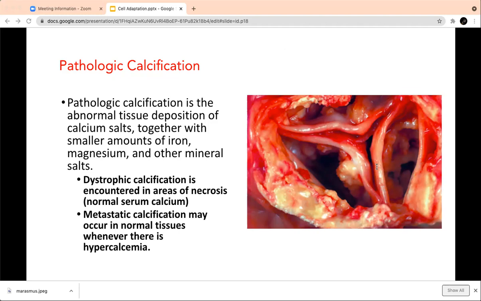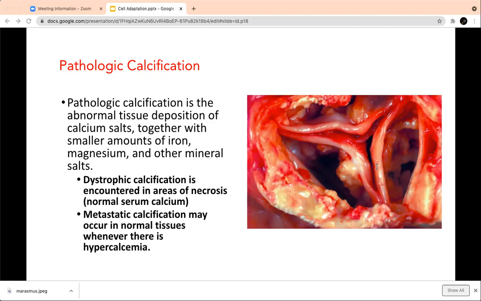Another example is your psammoma bodies, which are lamellated configurations in cases of certain cancers, for example papillary thyroid carcinoma, and meningioma can also have psammoma bodies. These are actually examples of your dystrophic calcification, and also your asbestos bodies.